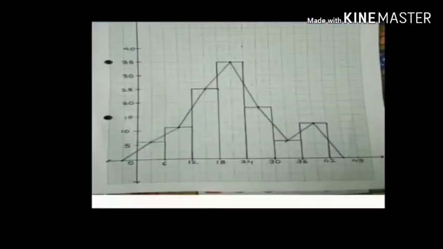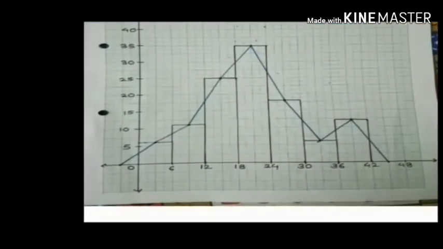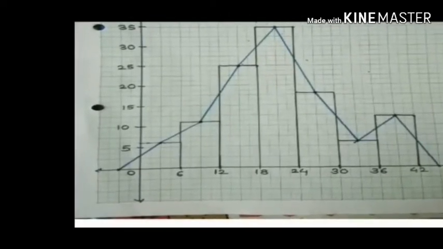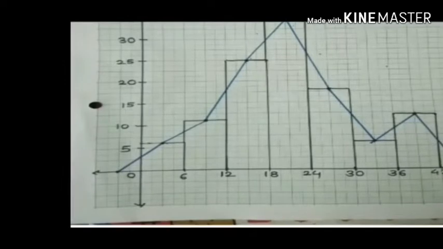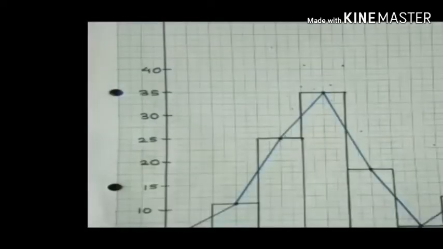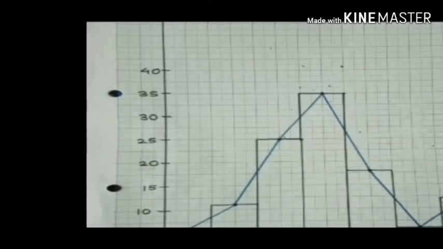So here the frequency polygon will be ready for you. Here you can see the first class midpoint is being joined to the previous class midpoint with 0 frequency, and the last class midpoint is joined to the next class midpoint with 0 frequency.